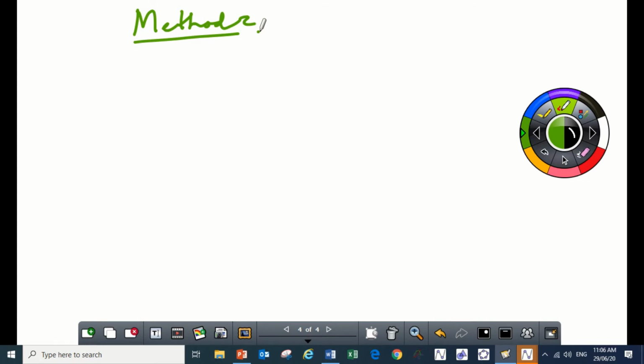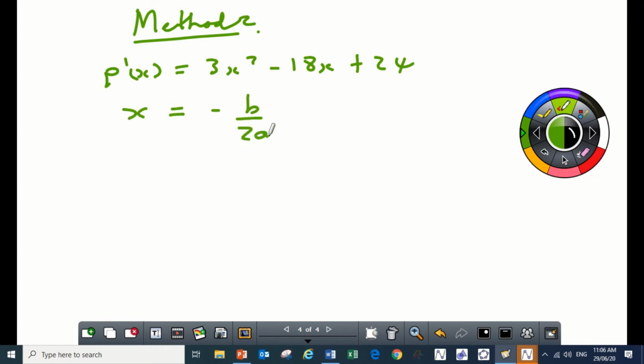Alright, so our p prime of x is 3x squared minus 18x plus 24. You can find the x value at the turning point. Someone might not realize that you can equate it to 0, but at least you must have another way of doing it. So let's find the x value at the turning point. That x value is equal to minus b over 2a.